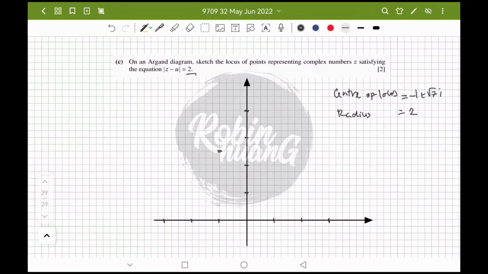And then we just need to draw the locus.